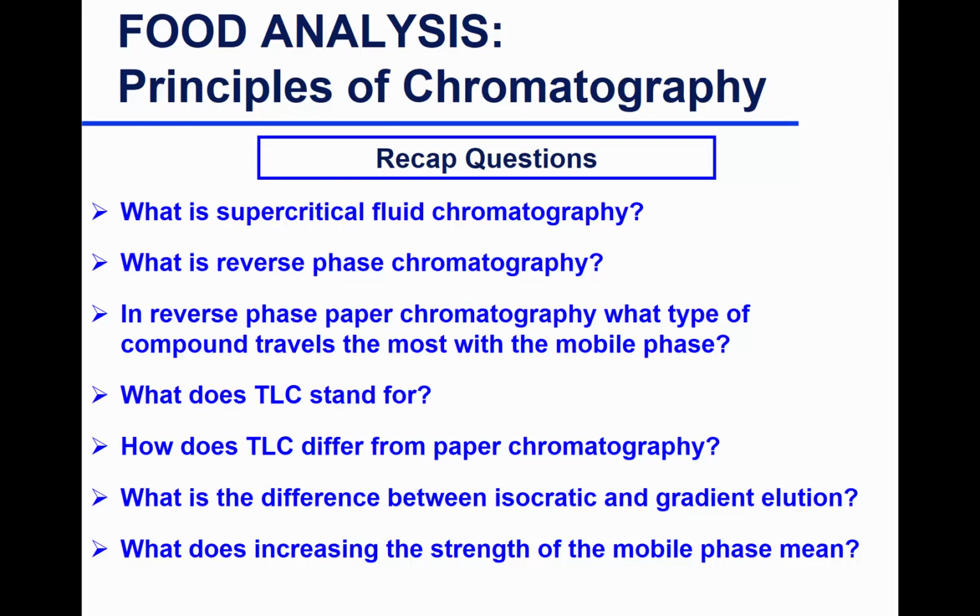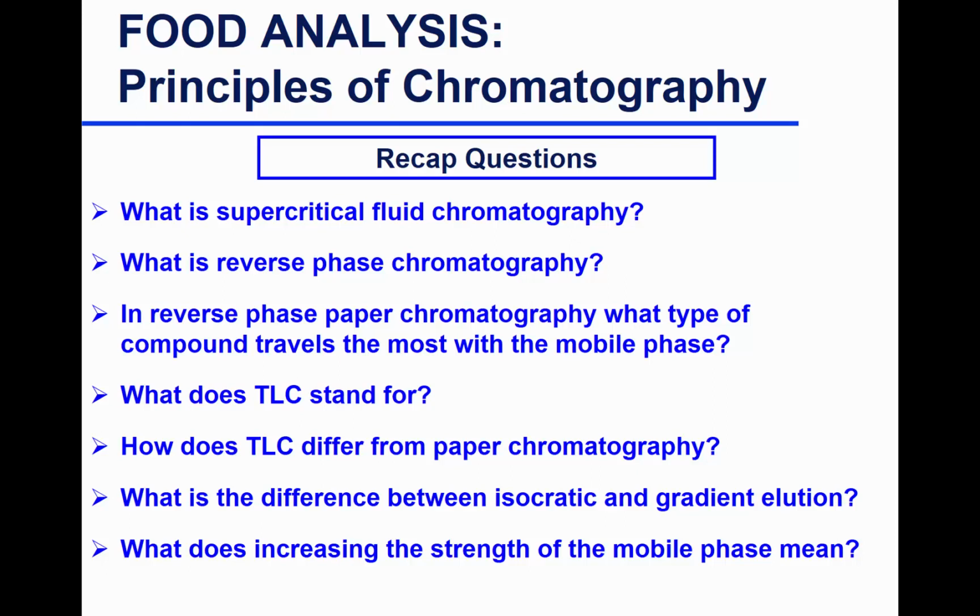Okay, what is the difference between isocratic and gradient elution? What's isocratic elution? Ted. Isocratic, we're not changing the concentration of the mobile phase throughout the elution. So we start out with 10% acetonitrile, we keep it 10% acetonitrile throughout.